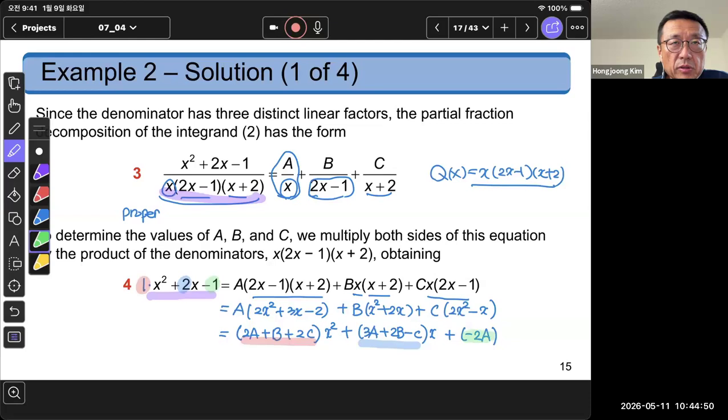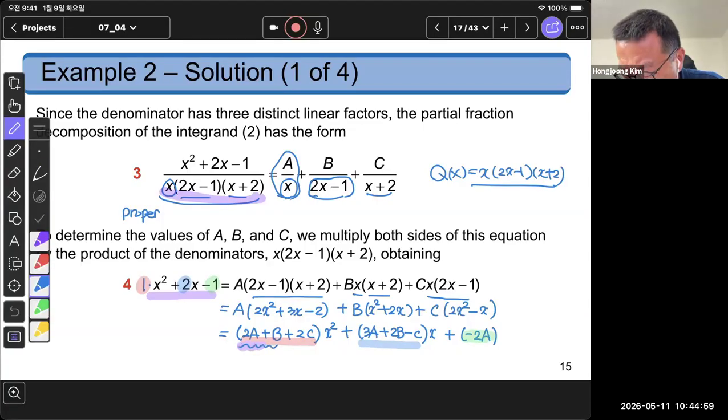They must match. So here are the equations: 2A plus B plus 2C must be 1, 3A plus 2B minus C must be 2, and minus 2A must be negative 1.